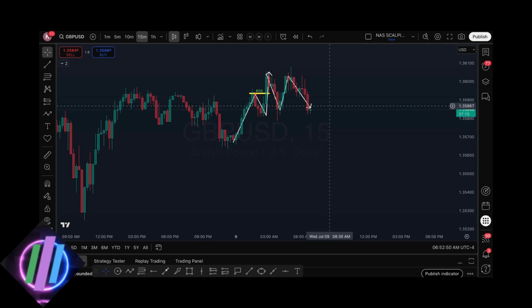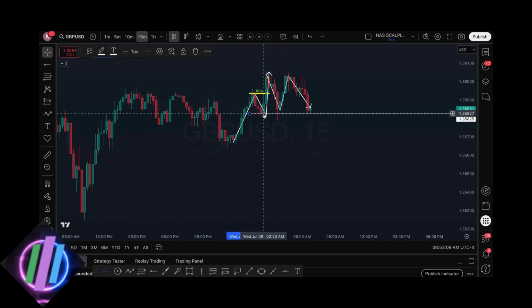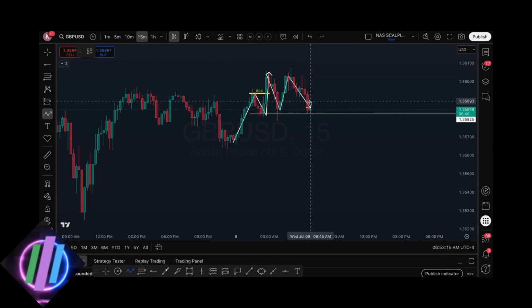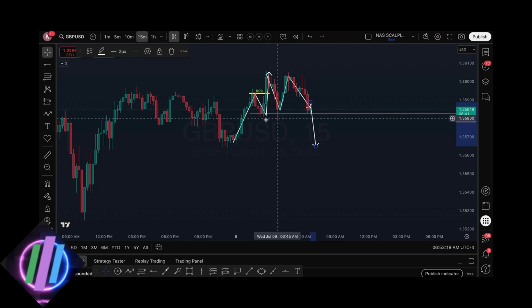I would say I'm still bullish, but I'm cautious. Because we're really close to the lowest point the market made before it made this high. If the bears are able to come in and break this low, that would definitely signal a change of character, as you can see.